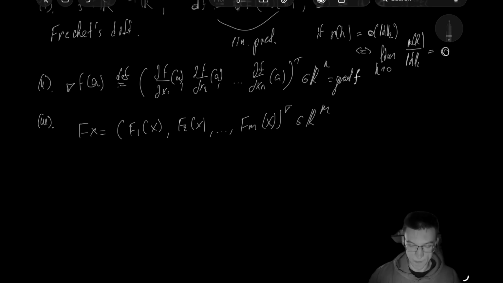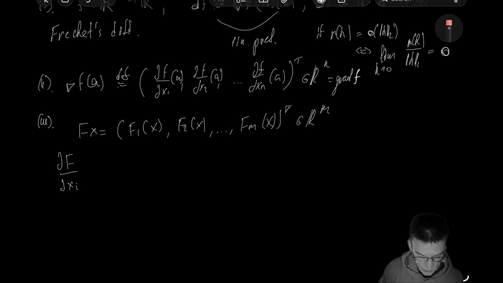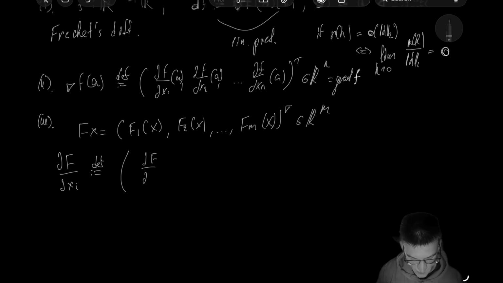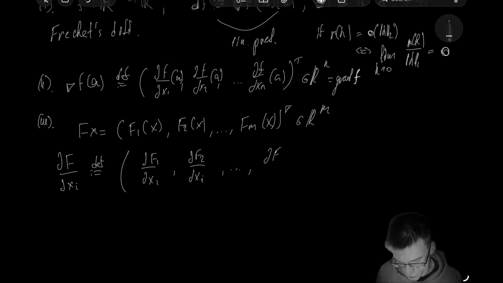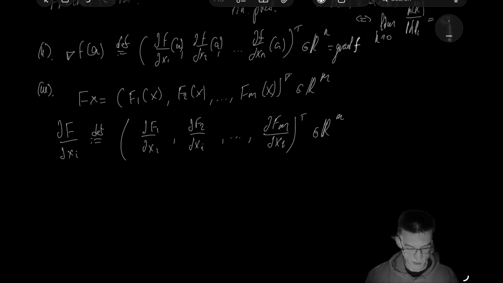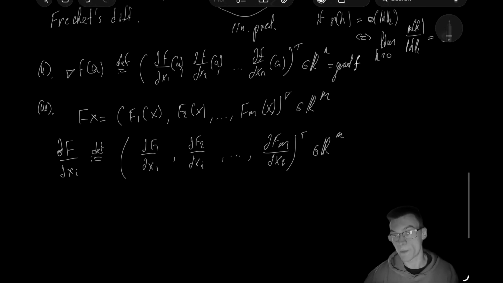Okay, and so based on the definition of the derivative from the previous step, we can conclude that the partial derivative of f with respect to the variable, let's suppose xi, is by definition the vector of partial derivatives of f1 with respect to xi, f2 with respect to xi, until the partial derivative of fm with respect to xi. This is the partial derivative of this vector function, linear mapping, basically.